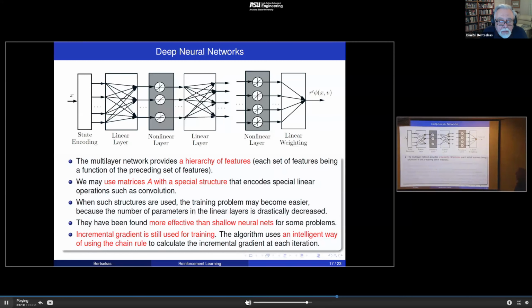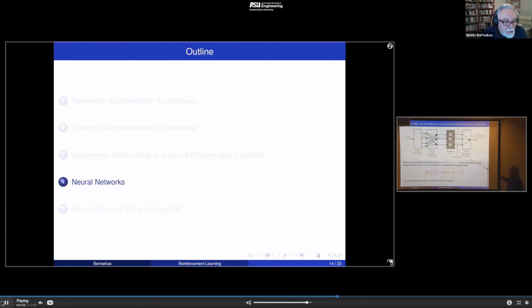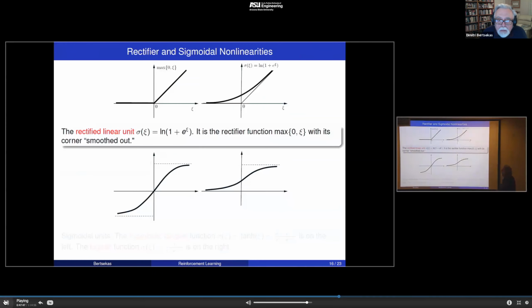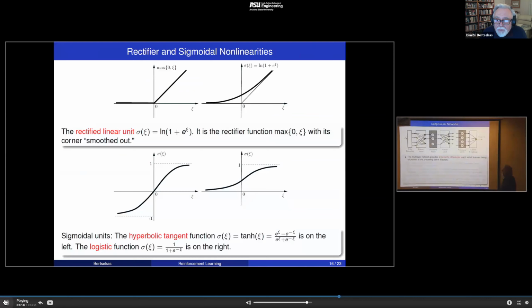Okay, so here we are with neural networks. This is the one-layer network. The idea is to generate features. Incremental gradients are used. The universal approximation property holds. There are several different kinds of nonlinearities.